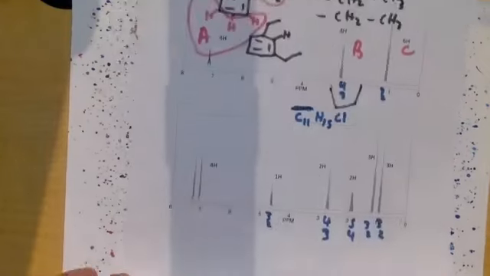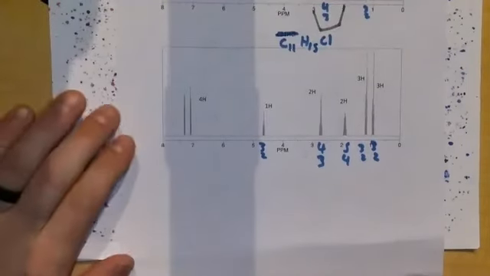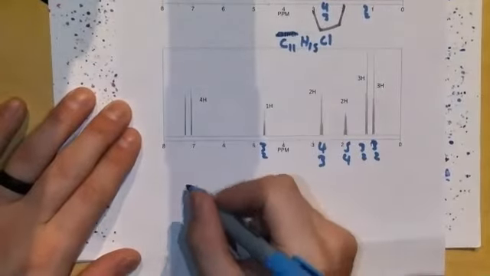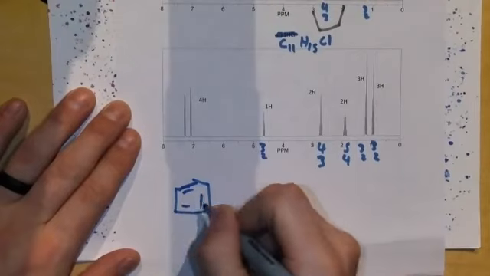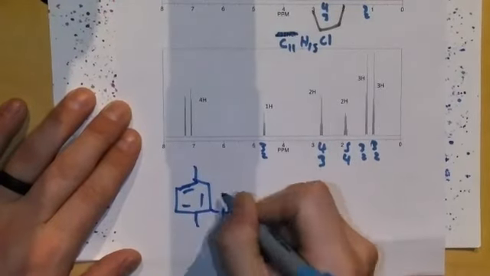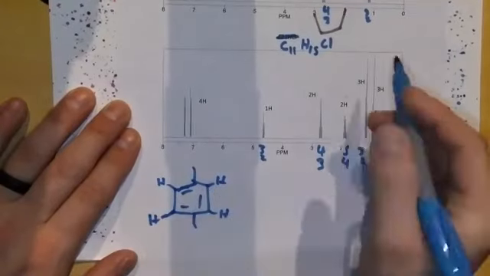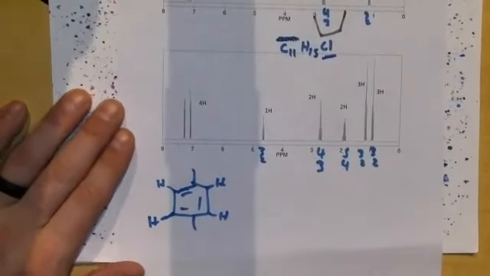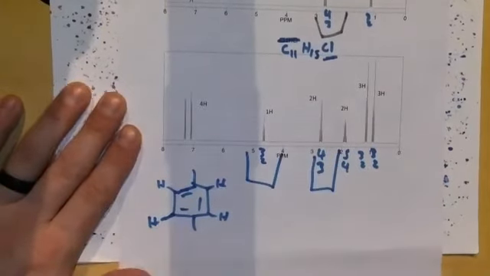All right, our bottom one here is a little bit nicer looking. This is our para. It's got the nice para spacing. We just have two doublets. We have a CH3. We have a peak between 2 and 3, a peak between 4 and 5.